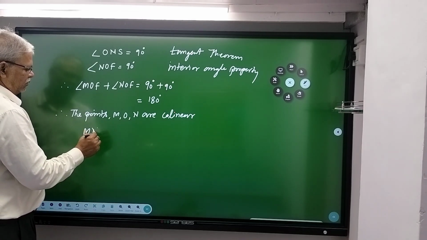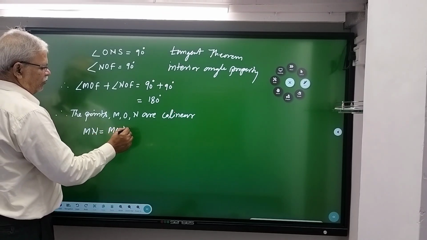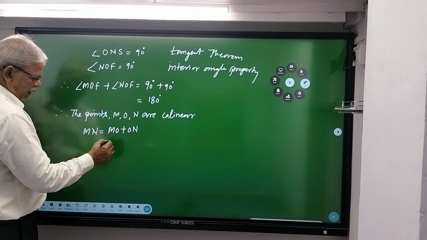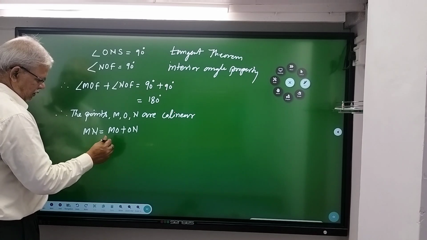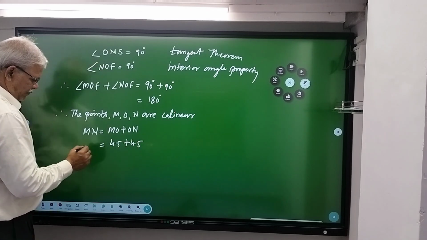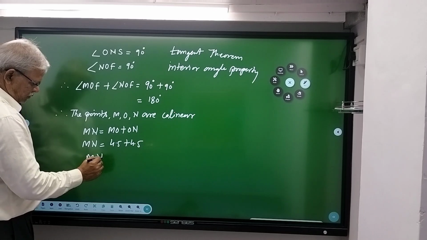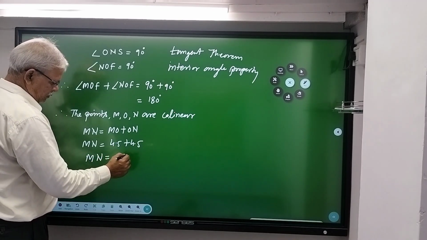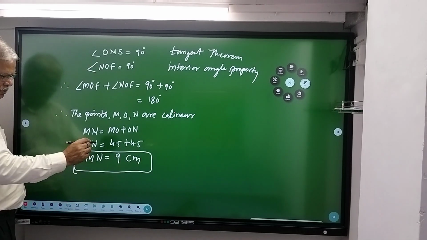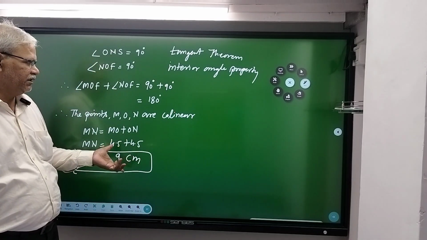MN is equal to MO plus ON, and MO and ON are the radius of the circle, 4.5. Therefore, MN is equal to 9 centimeter. This is the distance between two parallel tangents. Okay.